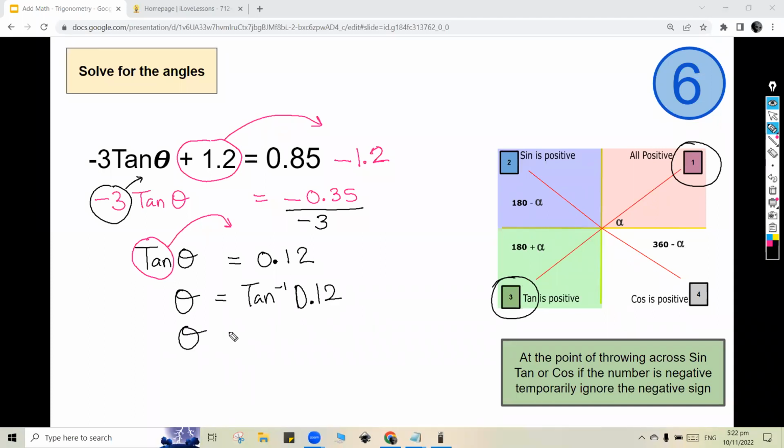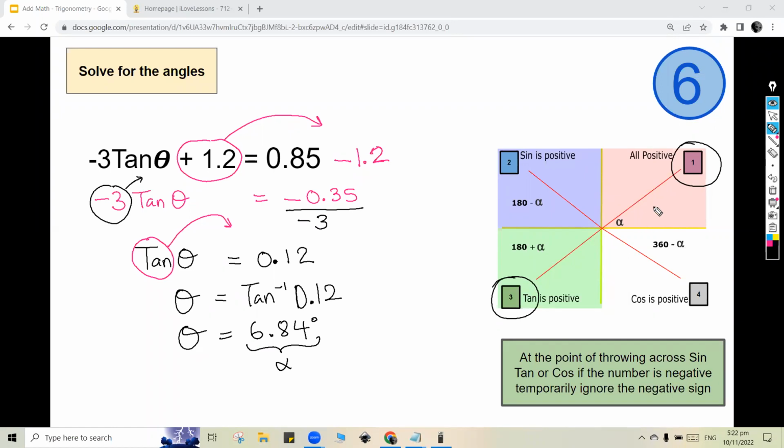So how much do you get there? Second function, tan 0.12, I'm getting roughly 6.84 degrees. This is our alpha value. So it's in regions 1 and 3 that we're going to visit.